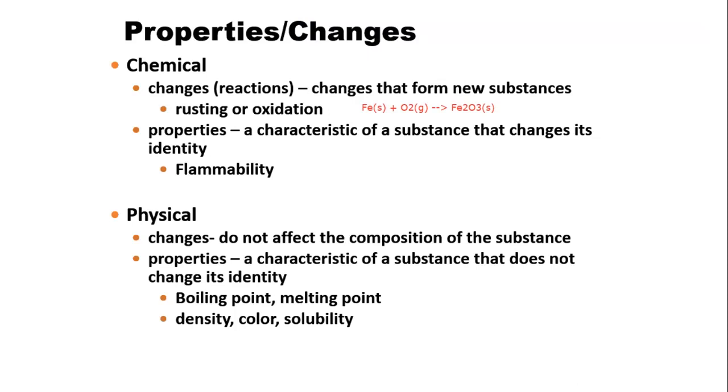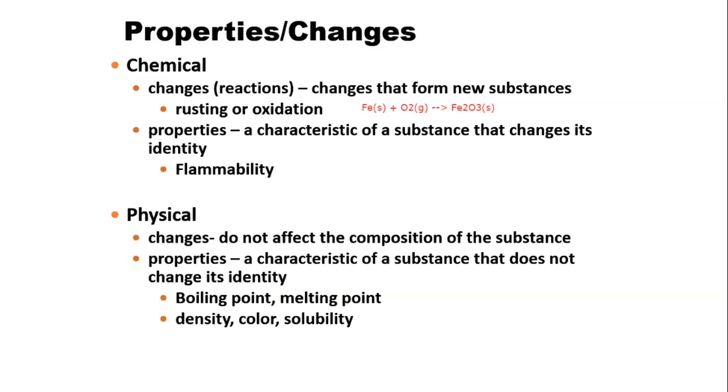Now, when we look at physical properties, here we're not changing the actual composition, we're just changing its shape, its appearance, its physical state. And so properties are characteristics that describe the substance, which doesn't change its identity.